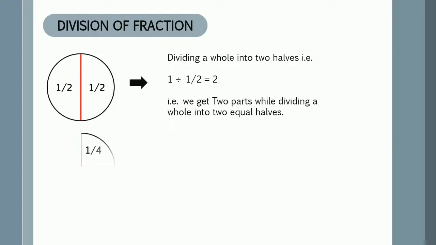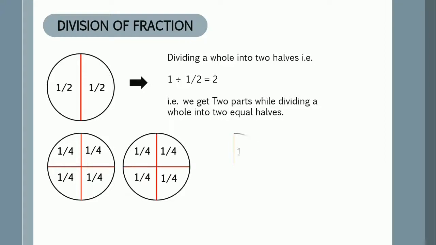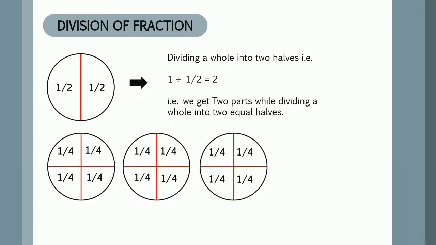Okay? Next, see, there are three wholes and I have divided each of them into four equal parts. What will happen? That means three wholes divided by 1 by 4. What we get?